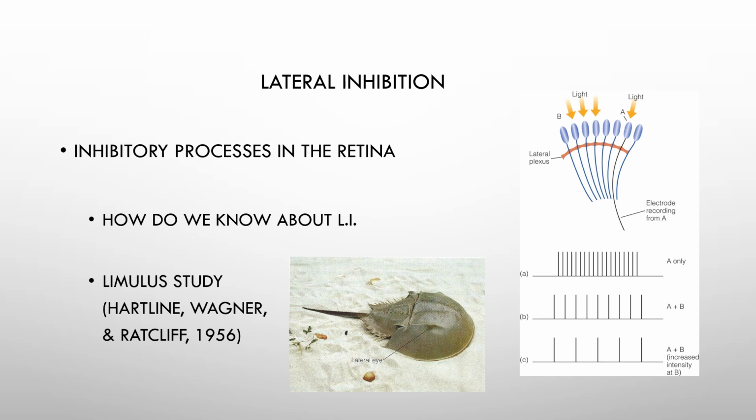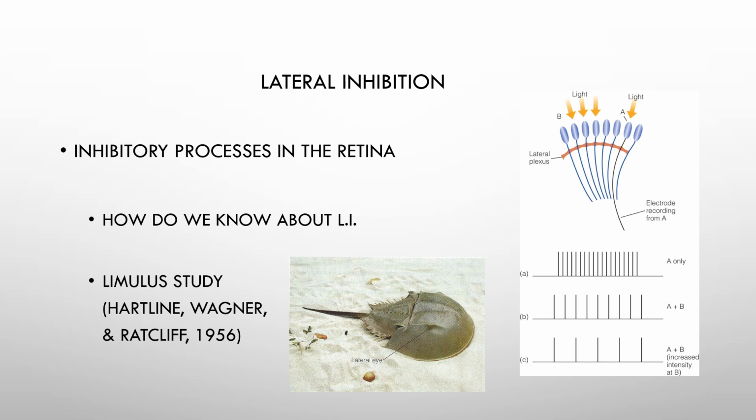What they found was shining a light at A made that neuron fire faster. Then they shined a light over at B as well, and we could think of this as a single light. With both of those lights coming on, it didn't fire as quickly as when there was just a light hitting A.